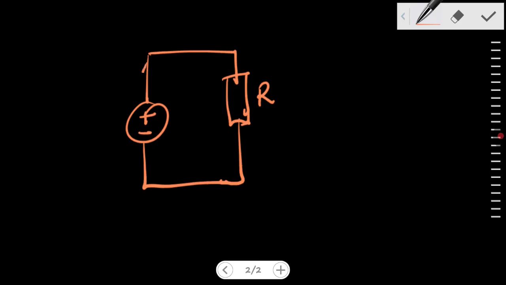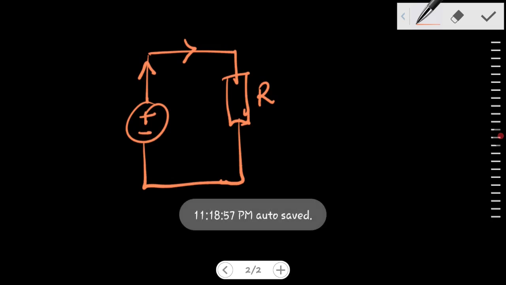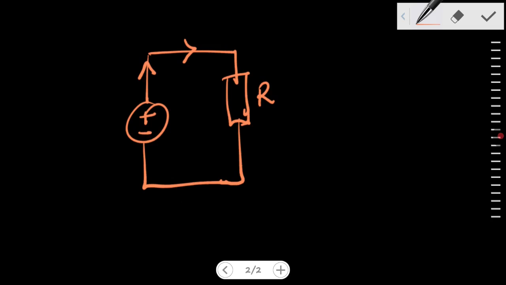As current flows from here, the potential at this point is greater than the potential at this point. So current flows through this, but as it reaches here, the potential drops to 0. Then the potential rises from the negative to the positive. And therefore, from Ohm's law, we know that V equals IR.